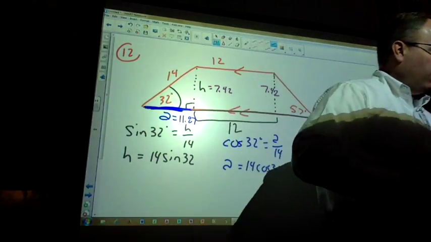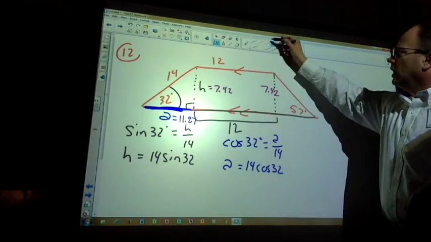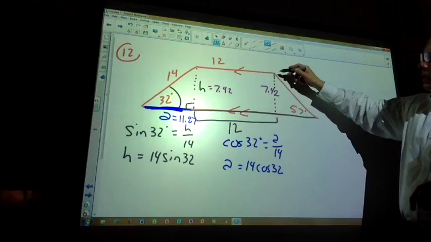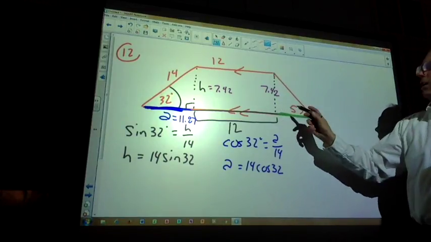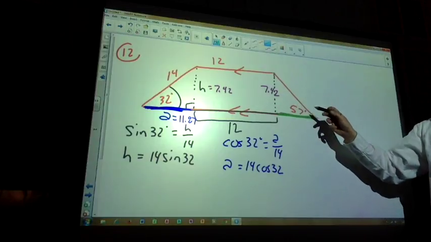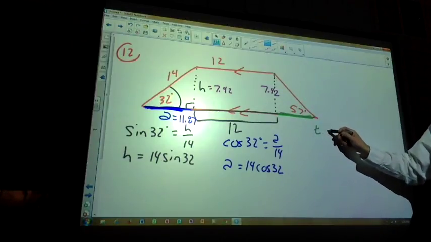So then I want to find the very last distance here. I had to find the height because that height would transpose over here. So now I'm going to find this over here, and that looks like opposite and adjacent, so that means I got to use tangent.